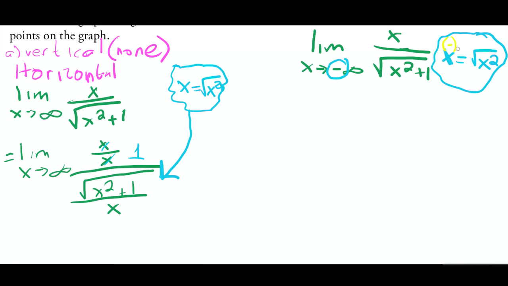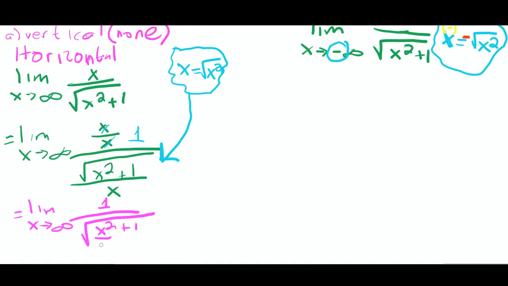But the square root is always positive, so the only way you can make them equal is by making it negative square root of x squared. Although for the positive case, you can just bring it inside of the square root, no problem. So let me write this out. This is the square root of x squared plus 1 over x squared, and then over x squared.